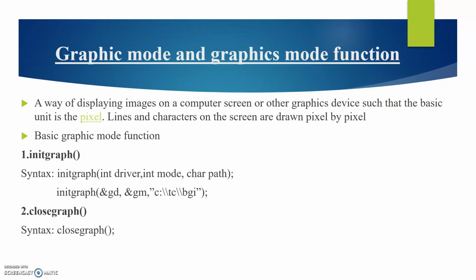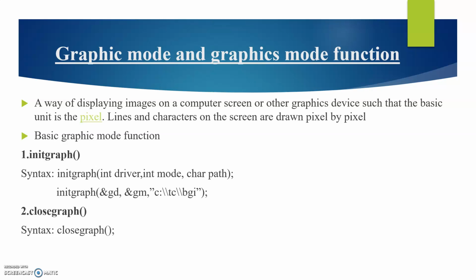Graphics mode is a computer display mode that displays an image using pixels. In graphics mode, the display screen is treated as an array of pixels. In graphics mode, we can display different effective text as well as draw different graphical figures.